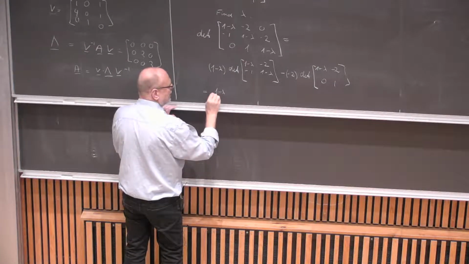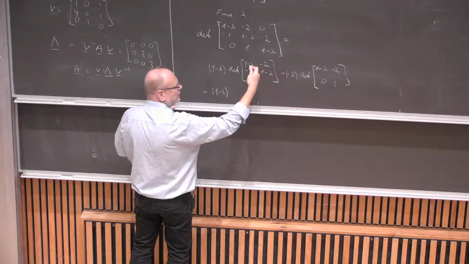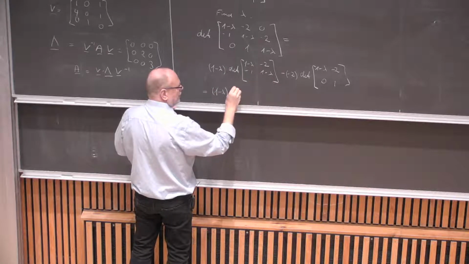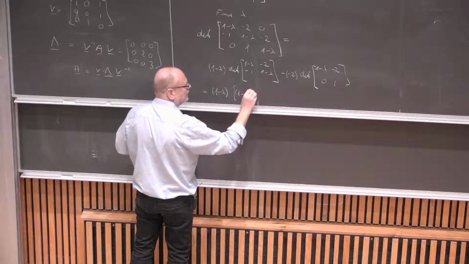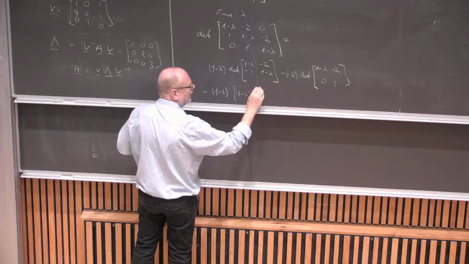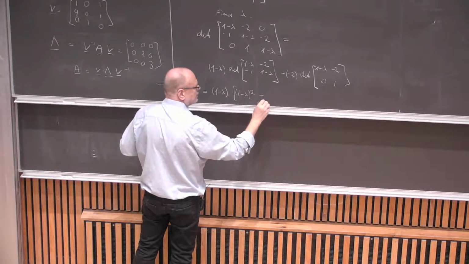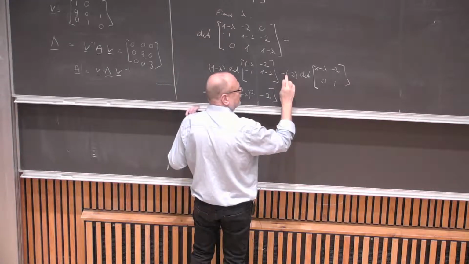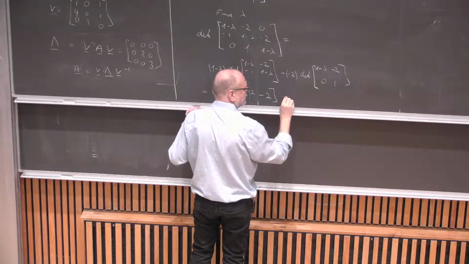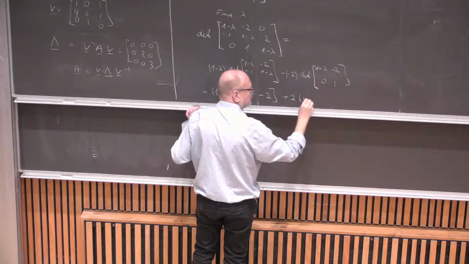When I evaluate this determinant here, I get 1 minus lambda squared, and then minus, minus, minus, that is minus 2. And here I get minus, minus, that is plus 2, and then this determinant is 1 minus lambda.